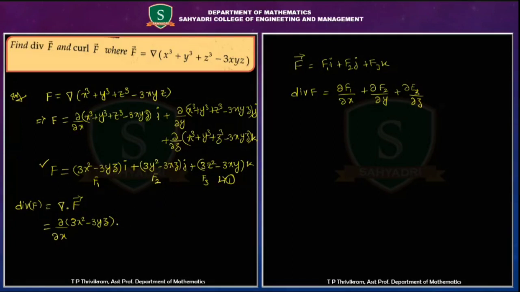You can directly write it like this, plus dou by dou y of 3y square minus 3xz, plus dou by dou z of 3z square minus 3xy. So this one is equal to this. How much do you get?